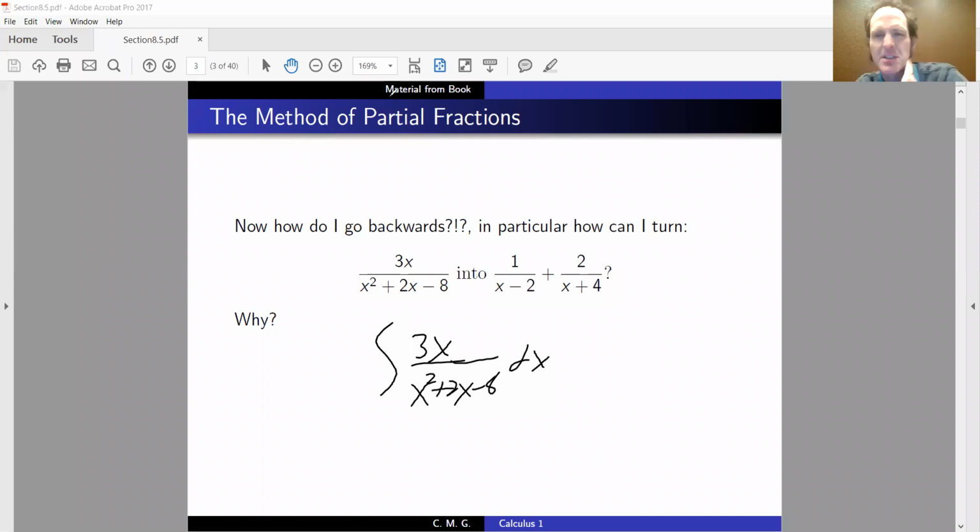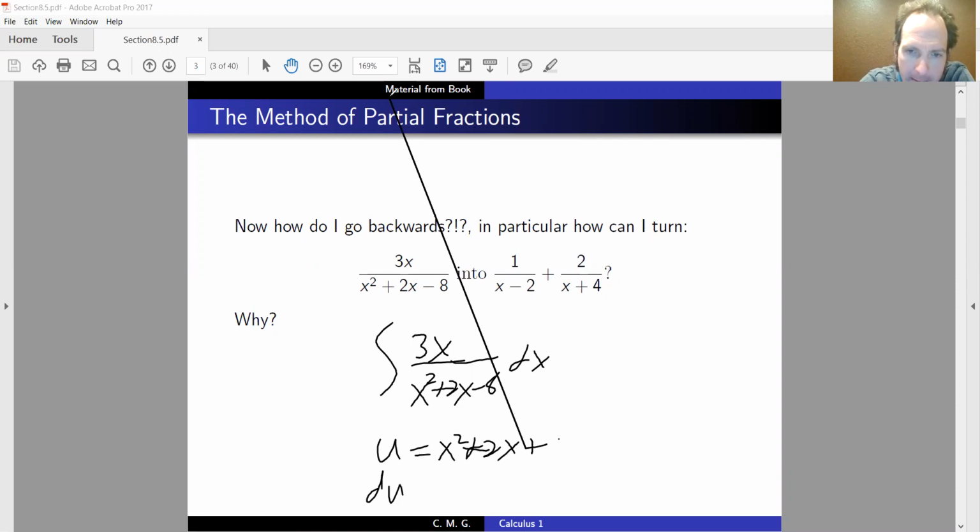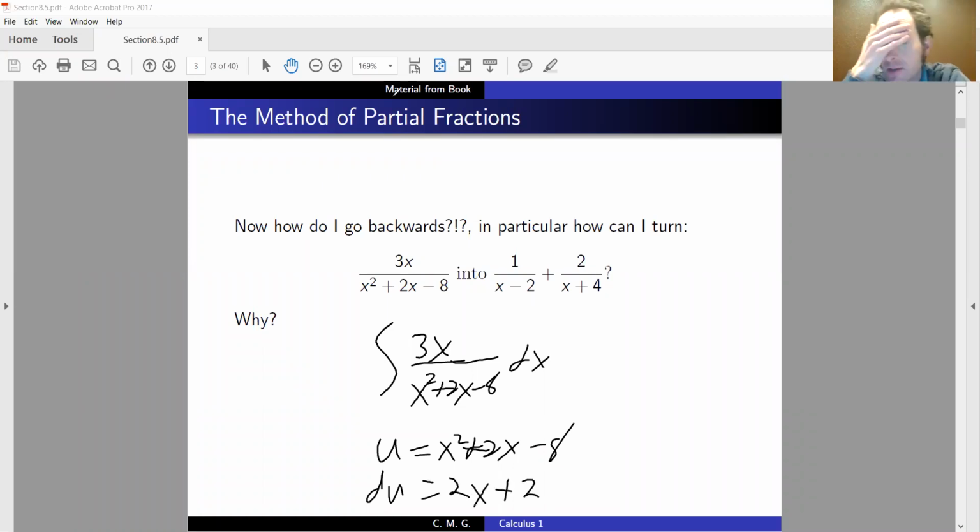I need a u substitution maybe. But if I let u be the whole denominator, x squared plus 2x minus 8, then du is going to be 2x plus 2. I do not have some multiple of x plus 1 on top, like a 2x plus 2. I just have a 3x on top, and so it is bad.